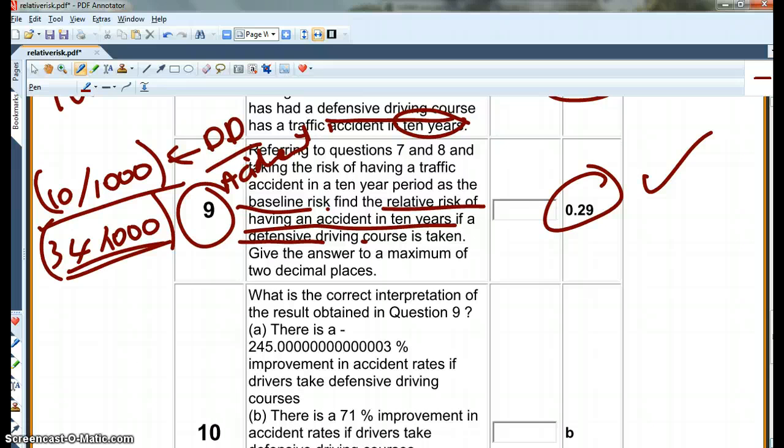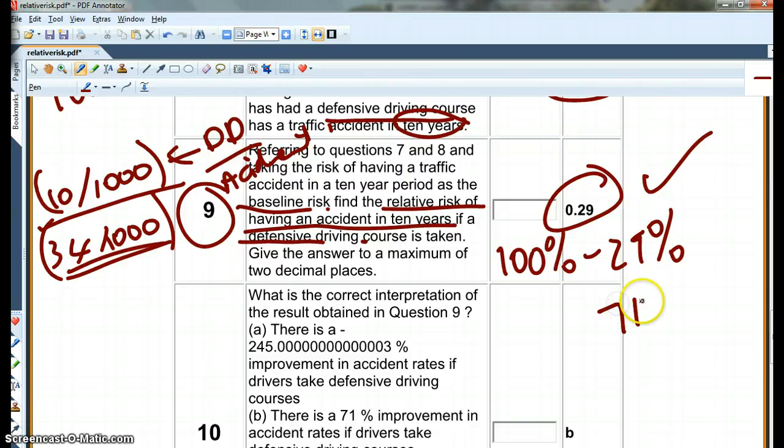So here, what's the percentage improvement? If we've got 29%, they have 29% of the accidents, if you like. So what's your 100% minus your 29%? 71%.